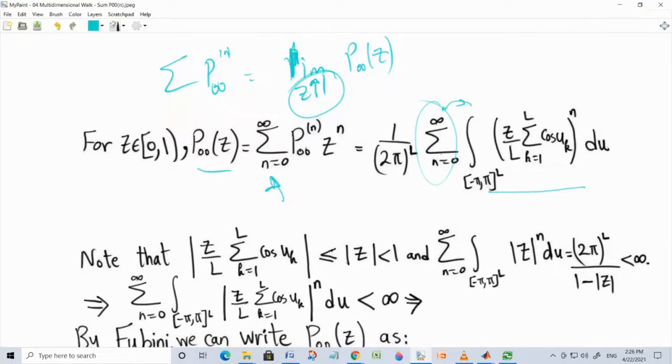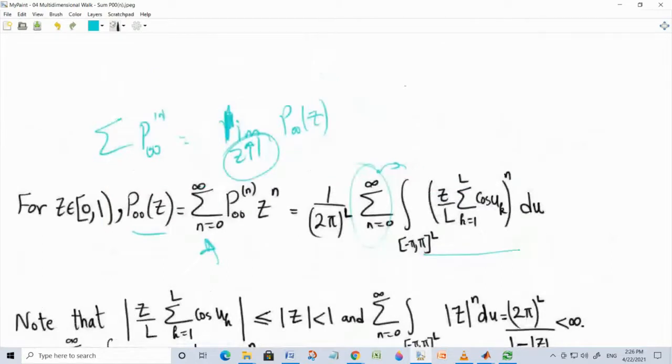We can try to apply Fubini. Fubini tells you the following: you want to study whether interchanging the order here is valid or not. A sufficient condition for validity is to study the magnitude of this thing.